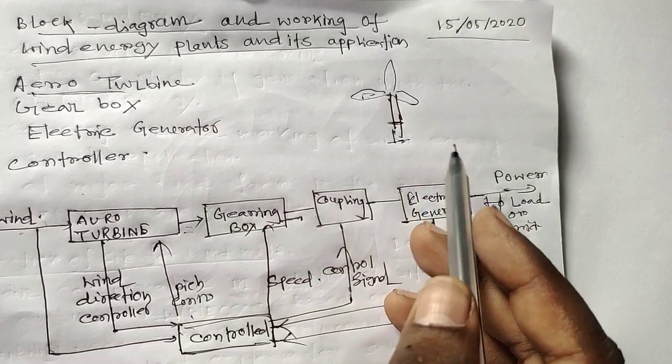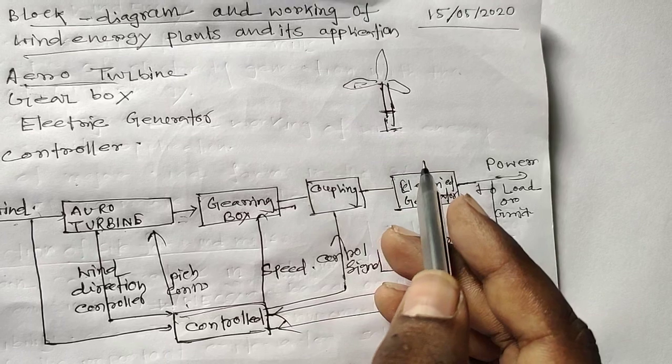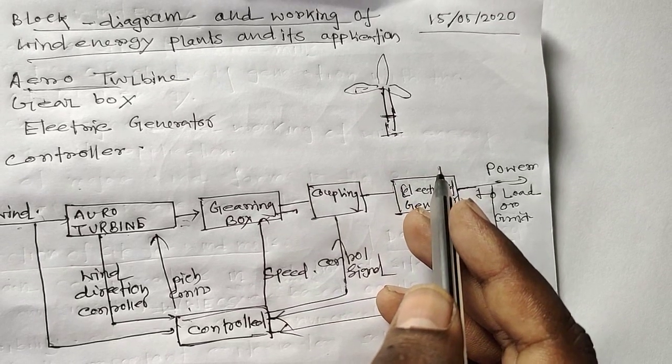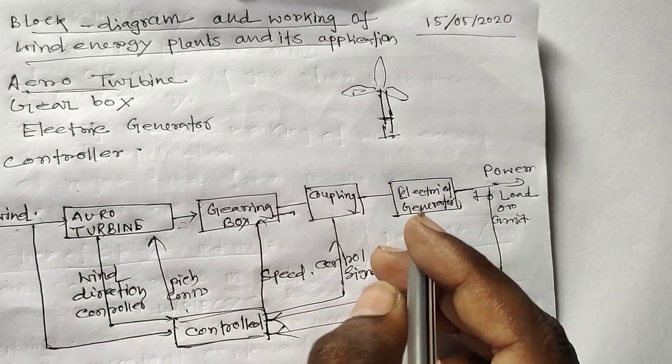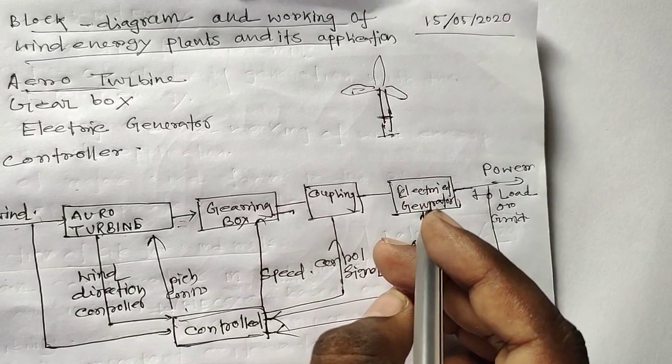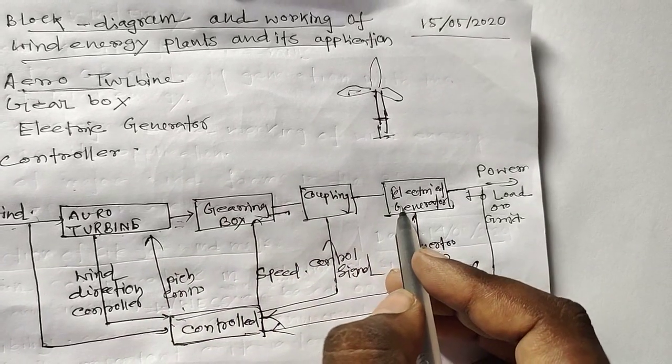When wind strikes the turbine blades, the turbine rotates due to the design and alignment of the rotor blades. The shaft of the turbine is coupled with an electrical generator. The shaft is connected with the electrical generator.